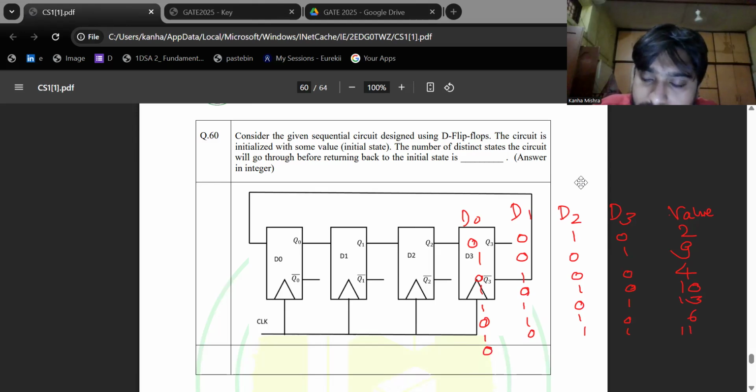I'm just writing all the states. How is the flipping happening? The number of distinct states, again, excluding the initial state is seven, and including the initial state is eight.